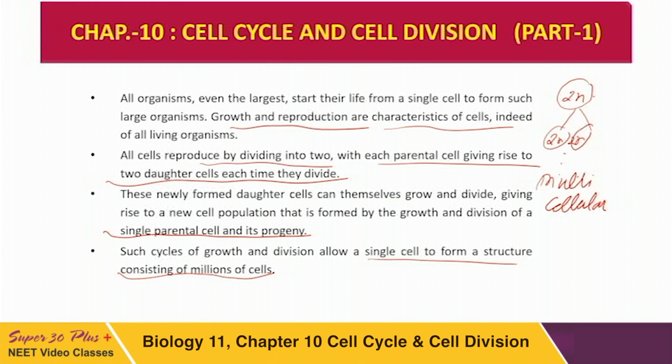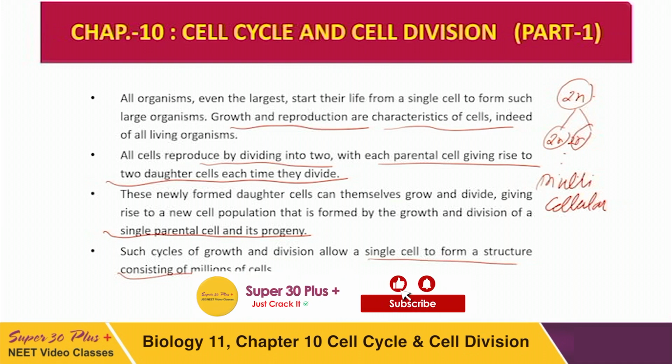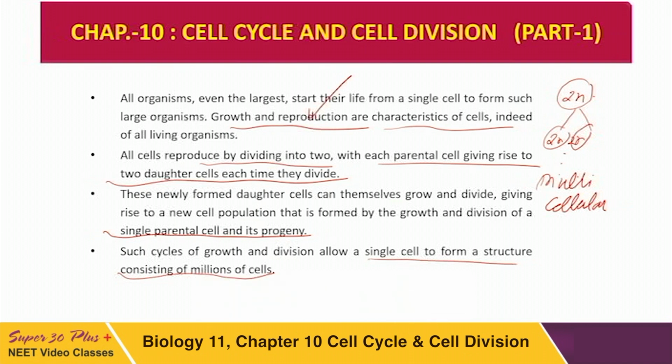I told you that cell division is an important characteristic of all living things, for growth and reproduction. In the case of unicellular organisms, we cannot differentiate growth and reproduction. These are inclusive terms, as you must have studied in an earlier chapter.